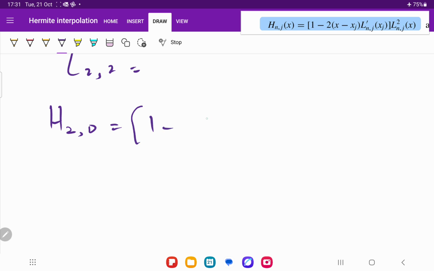So 1 minus 2(x minus x0), L_2,0 dash of x0. There is no need to write this part x_j; it is understood that it's the same thing. So just to make it simple, and L_2,0 squared.